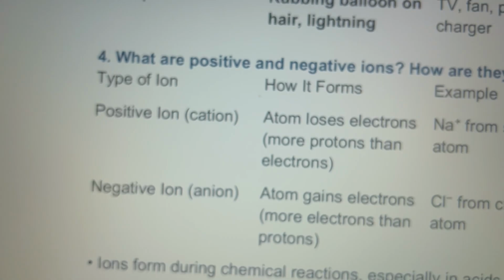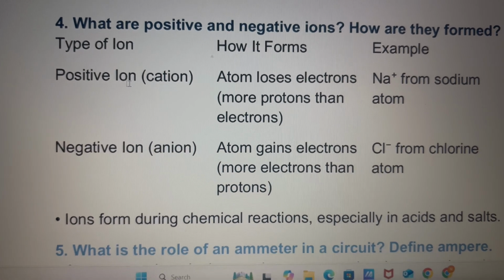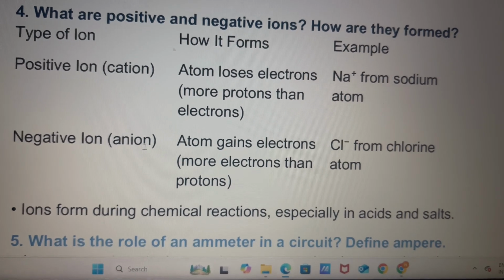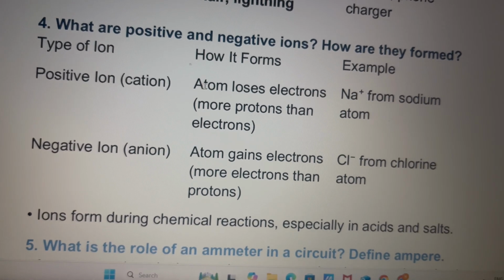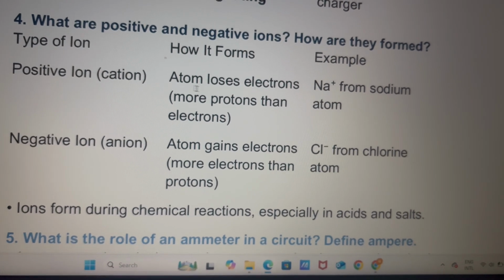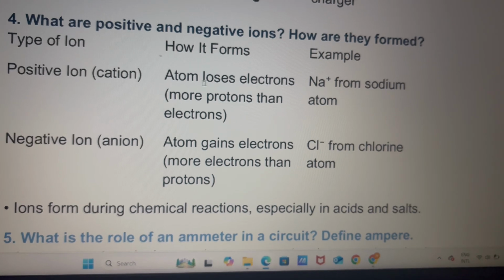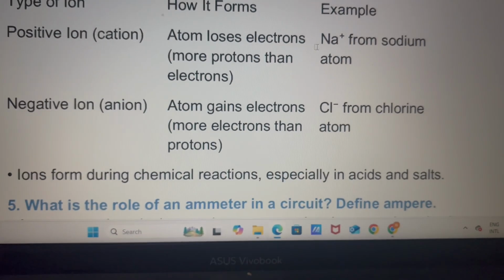There is another name for the positive ion, which is the cation. The negative ion is an anion. As we said, positive ions are formed from metals, and metals are losers. They lose electrons. They lose negative electrons, so they have extra positive protons.